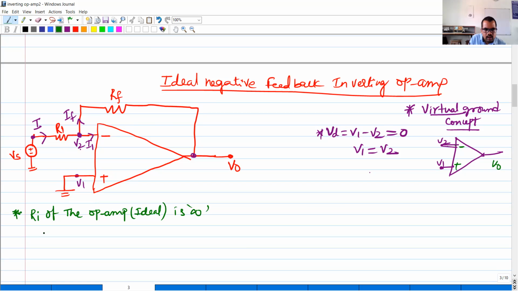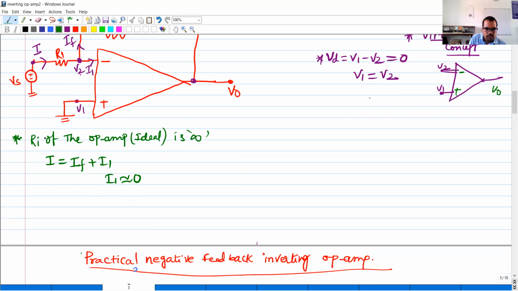So the total current I is equal to the feedback current plus the I1 current. Due to Ri being infinite, the I1 current is approximately 0. Current always flows through the lower resistance. Therefore, the total current I is approximately equal to IF.